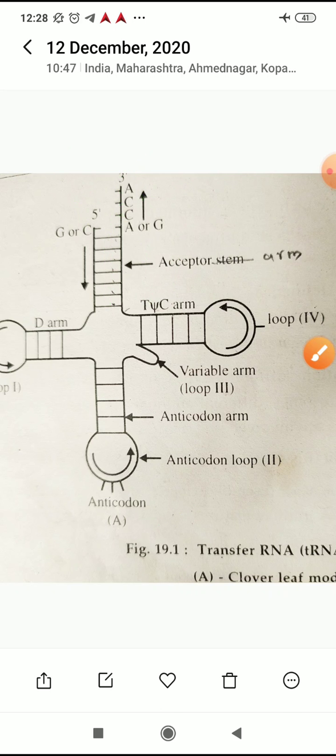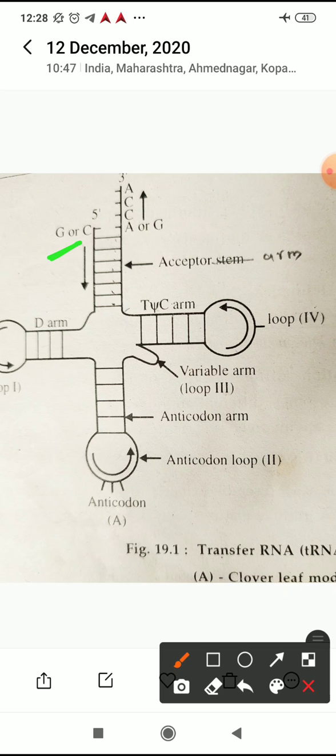So like this, the work of acceptor arm or acceptor stem, that is the amino acid is binded on this arm at the CCA sequence, and thus it is also called as a amino acid binding site. 5' end terminates with either G or C. That also we have seen.